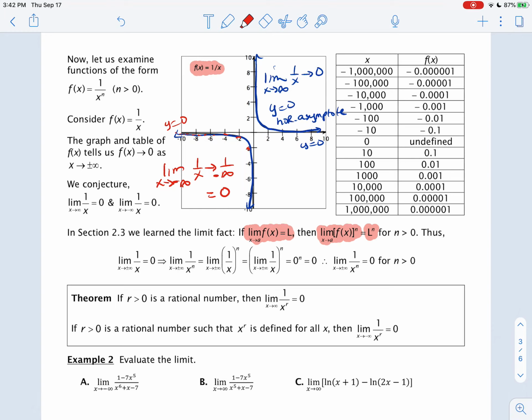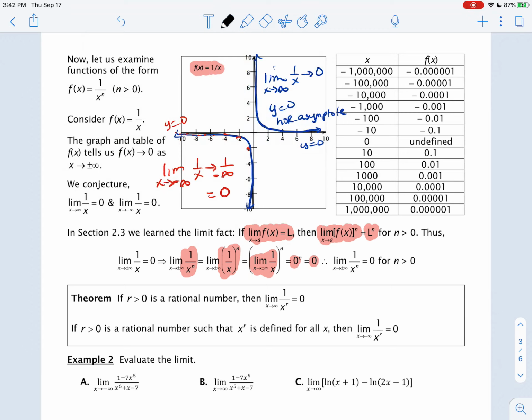So we have a theorem that if we have the limit as x approaches positive or negative infinity of 1 over x to the n, we can use our composition of functions and say that's equal to the limit as x approaches infinity of 1 over x, all to the power n, and that's going to be 0 to the n, so we're going to get 0.